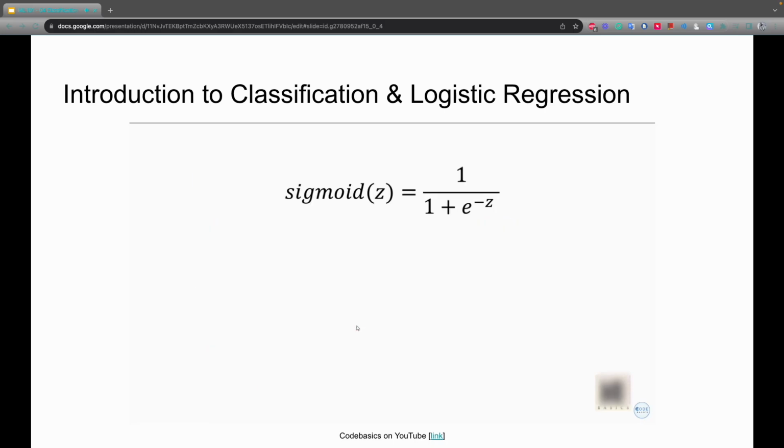The sigmoid function's equation is 1 divided by 1 plus e raised to minus z, where e is a mathematical constant called Euler's number. The value is this. Now think about this equation for a moment. What we are doing here is dividing 1 by a number which is slightly greater than 1. And when you have this situation, the outcome will be less than 1, correct?